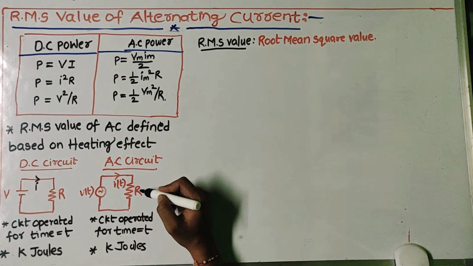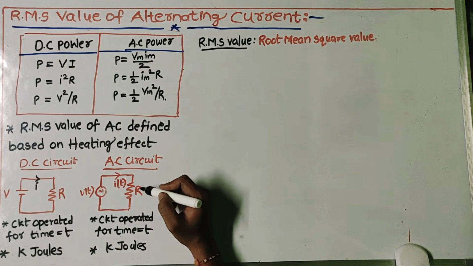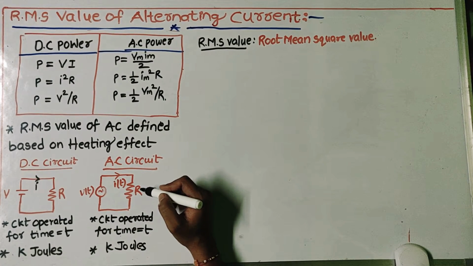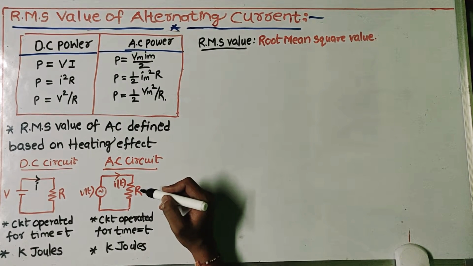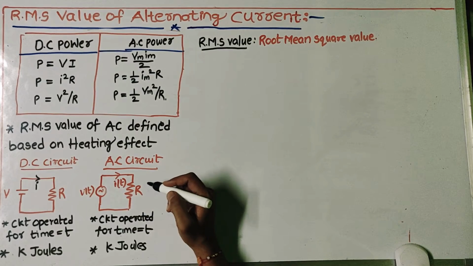I am telling you one more time: the amount of current required to flow in the circuit to produce the same amount of heat energy as in a DC circuit when the same resistance is connected. Okay, so this is the concept of the RMS value of alternating current.